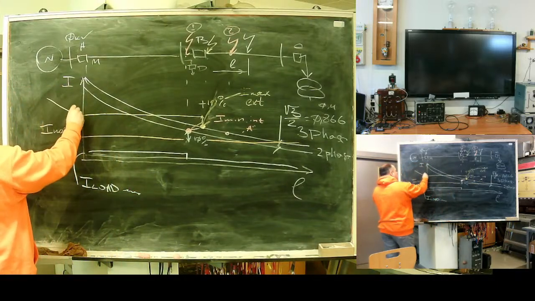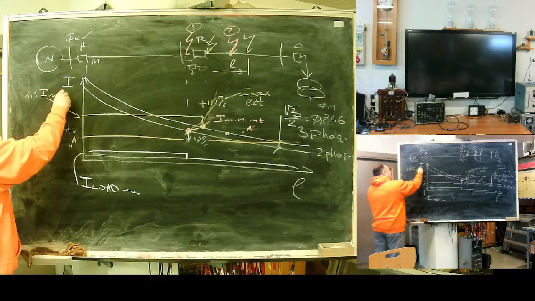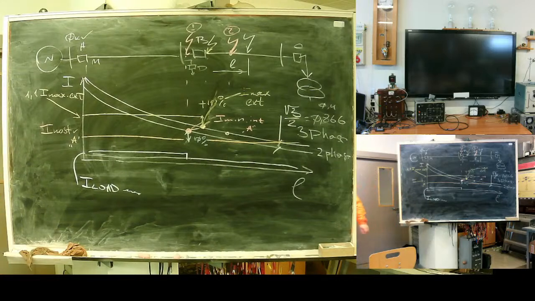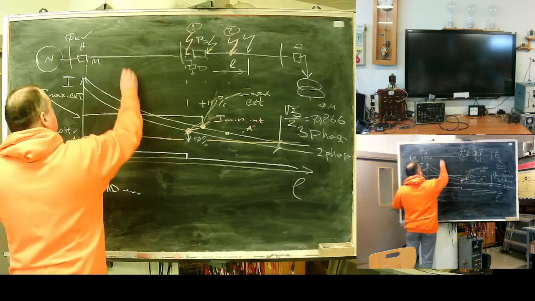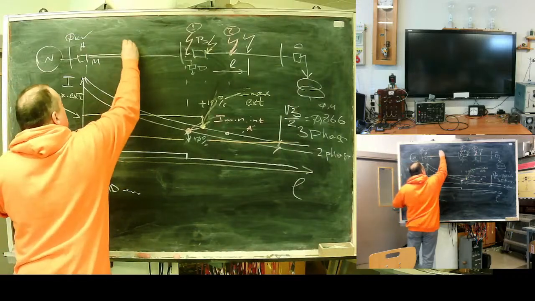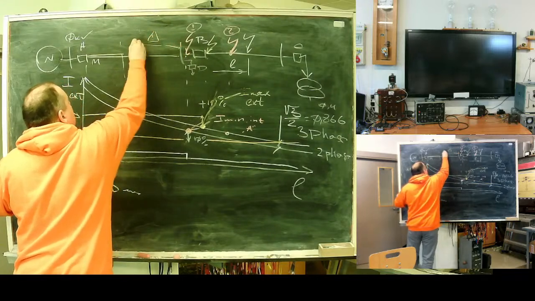This will be the version with 1.1 E max external. Is it okay? What is the effective protected area? Only this part. This area will remain unprotected.